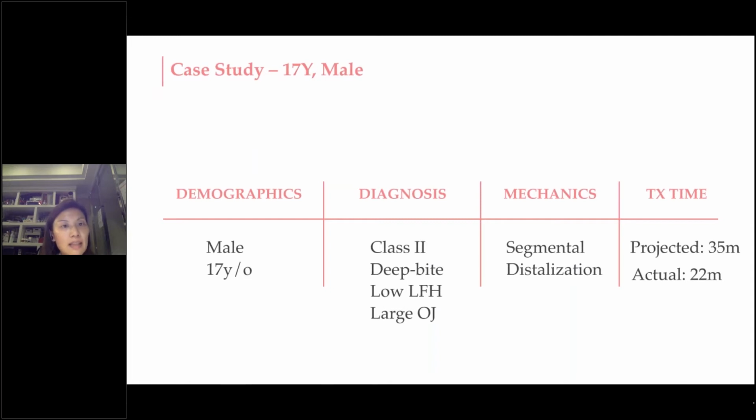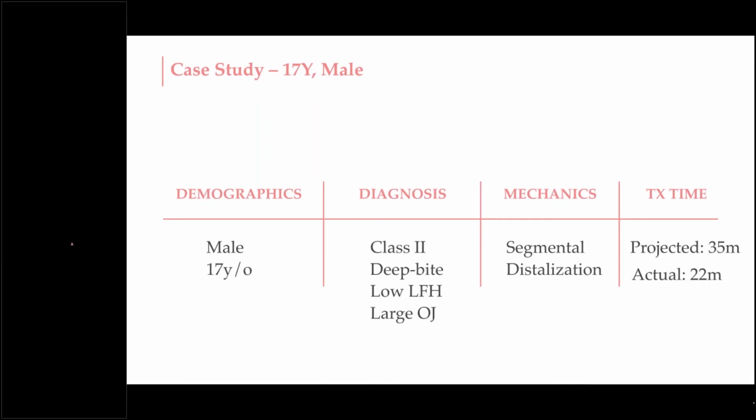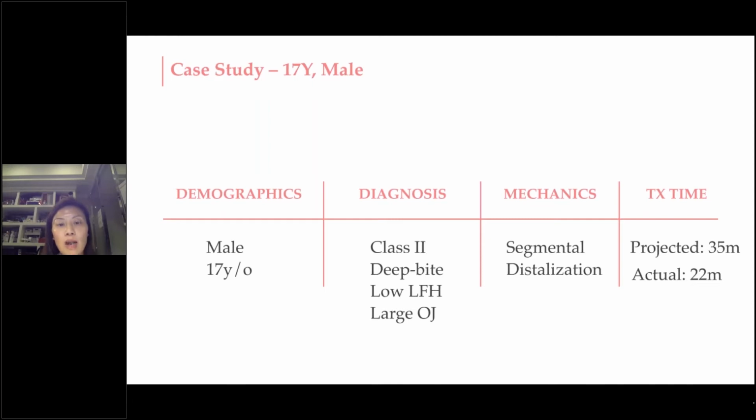For the first case, it is a 17-year-old growing male. He has a severe class 2 deep bite with lower facial height and a very large overjet. The mechanics that I planned for him was segmental distalization to correct the class 2 malocclusion into a class 1 malocclusion.